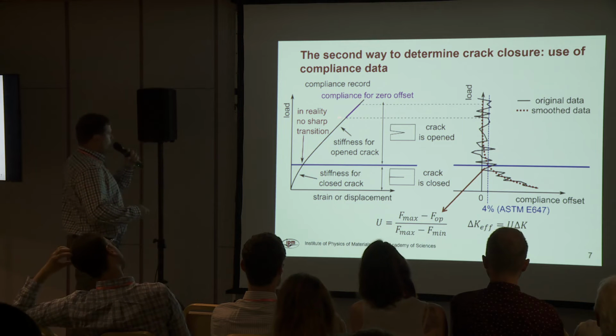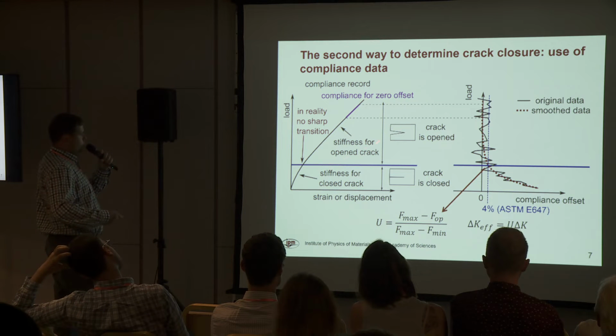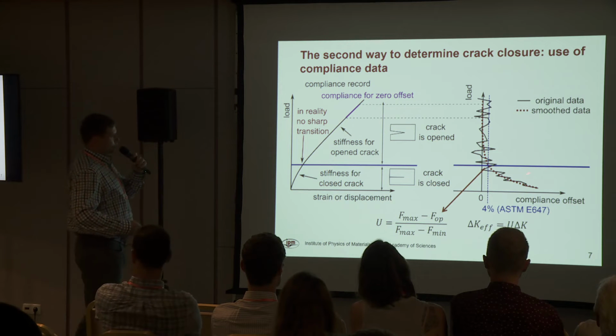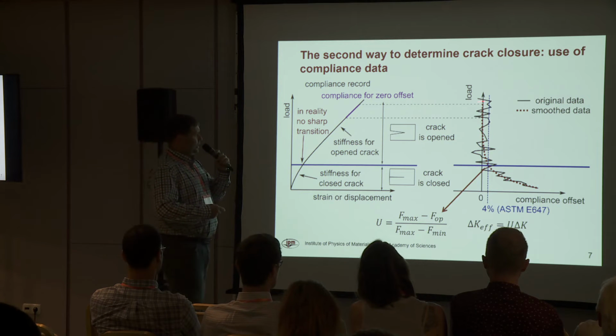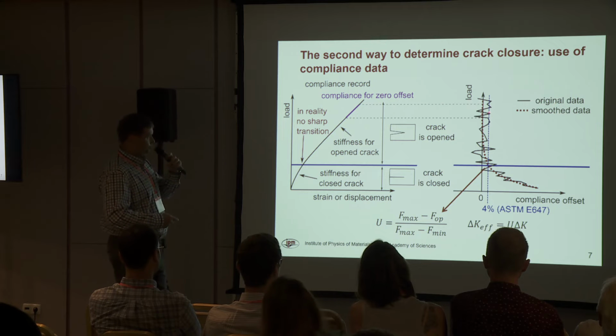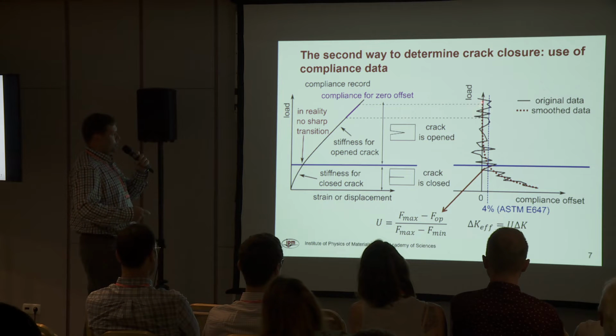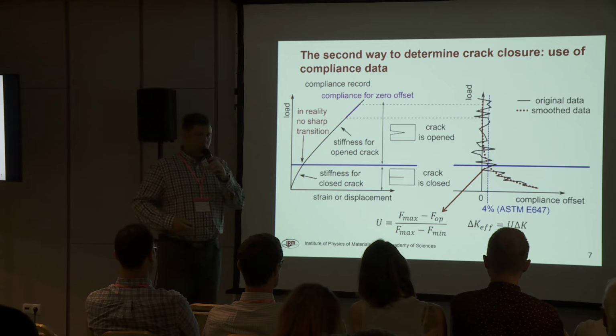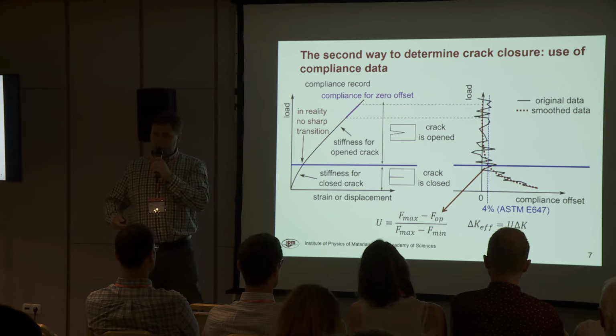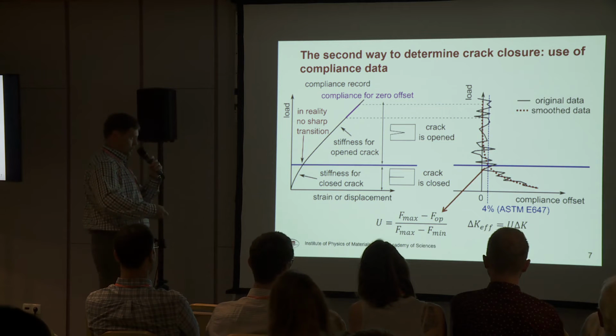When we use the derivative form of this record, we will obtain some compliance offset record, as you can see here. You will obtain the data which are in the black curve, as you can see here. It includes some noise, so then you have to somehow smooth the data to work with them.